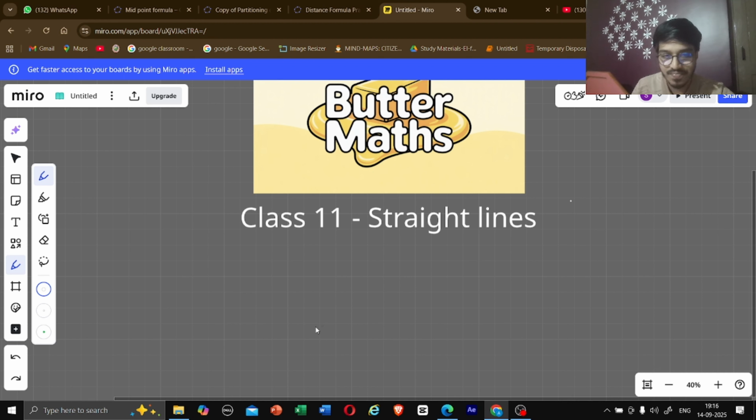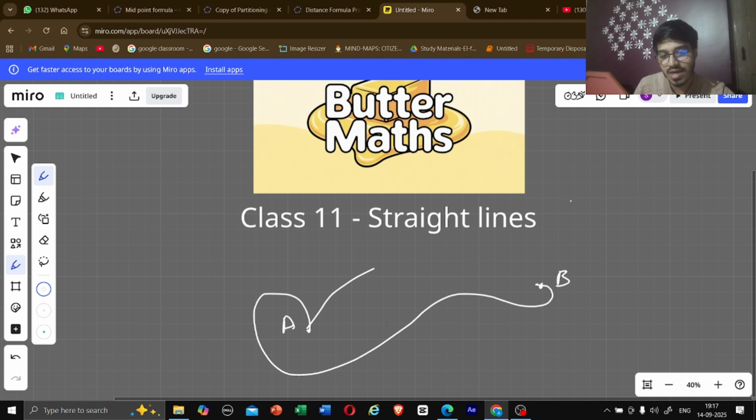We'll look into it. Imagine point A is your home and point B is your friend's home. So how can you travel from point A to point B? You can take this path, or you can take this path, or you can take this path, right?